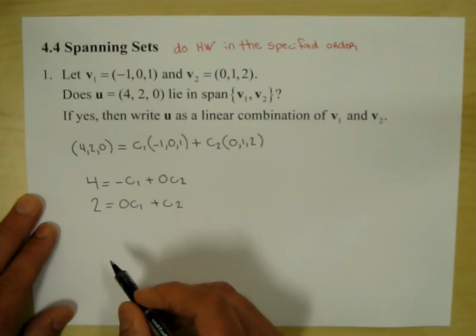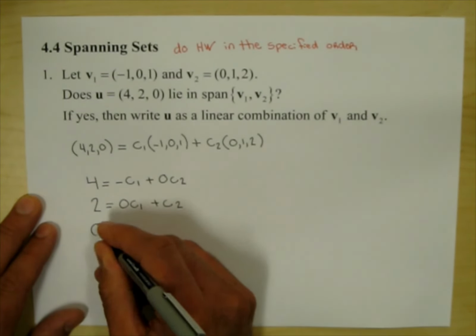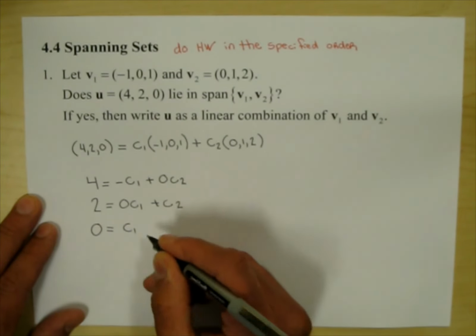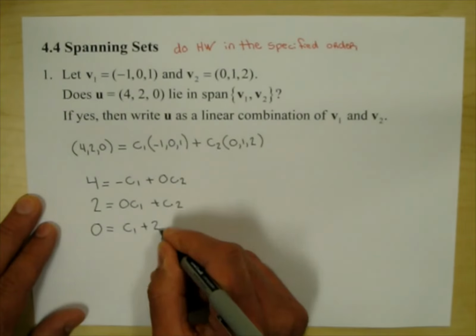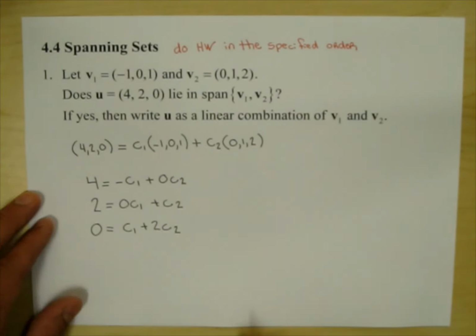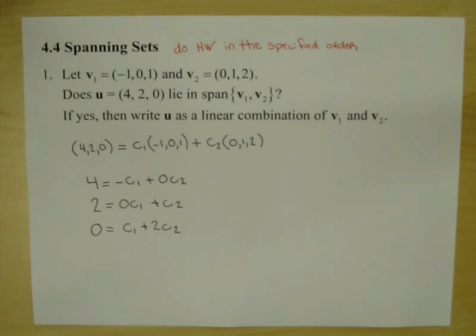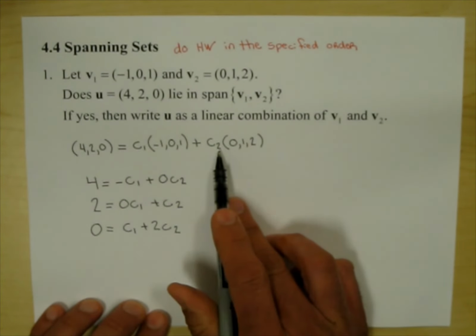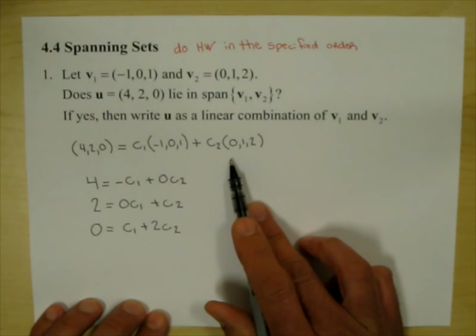And the third components look like this: 0 equals C1 plus 2C2. Okay, so there it is. I'm seeing if I can find constants that will make this equation true.